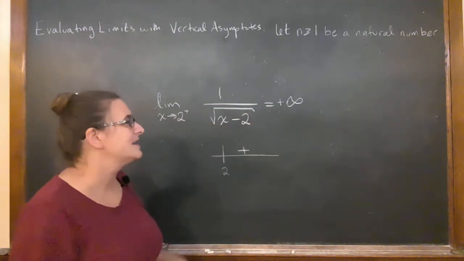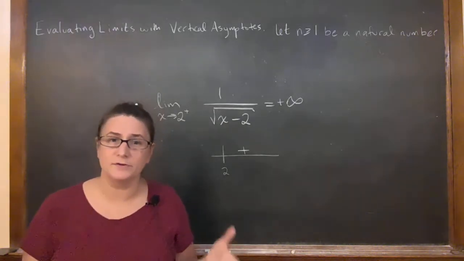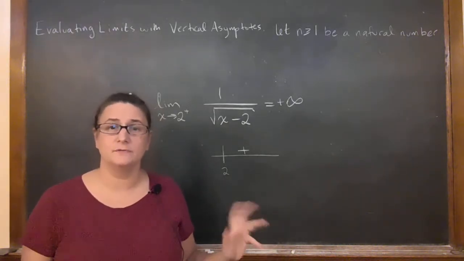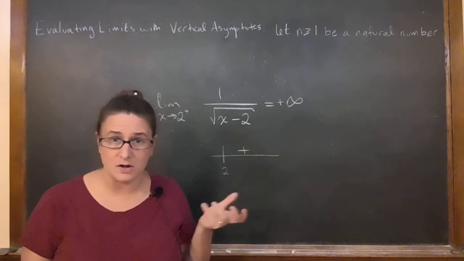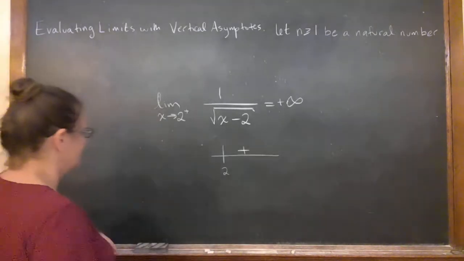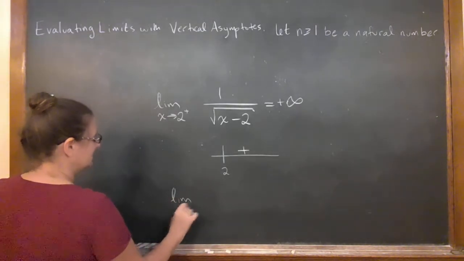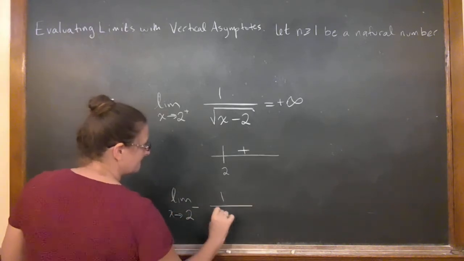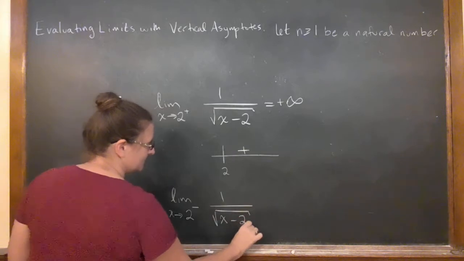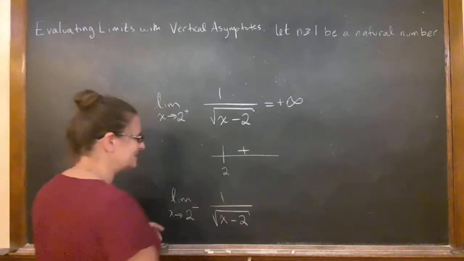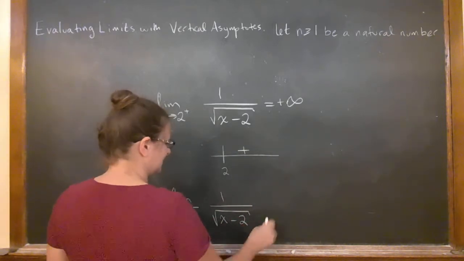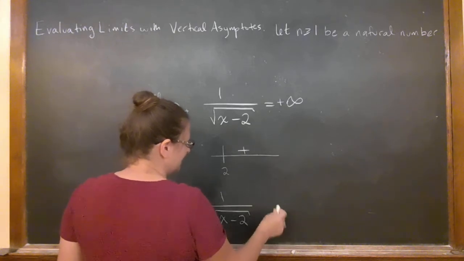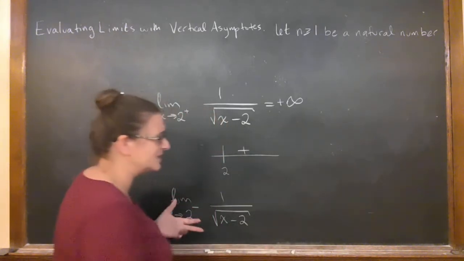I said natural number. It can be a rational number for sure, but you again have to be careful about things when I talk about domain. If I had asked for this, this makes no sense. It doesn't even exist because there's no numbers there. So limit doesn't exist. Question doesn't even make sense.